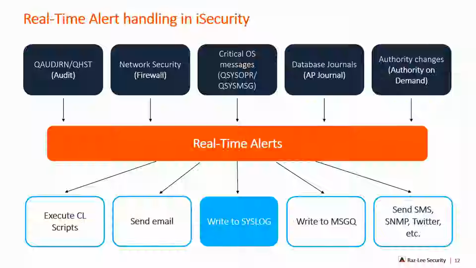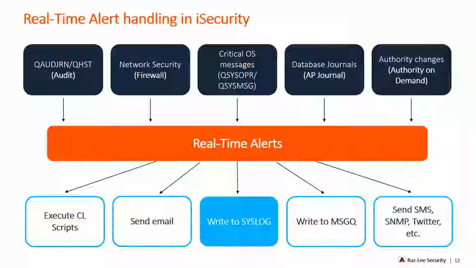Also, any log in our Firewall we can send to SIEM. We can also send special unique alerts that we design and configure inside the Audit product, the Firewall, or the AP Journal. We can send all these specific events into the SIEM. So we can send any log and any special unique alert to SIEM.